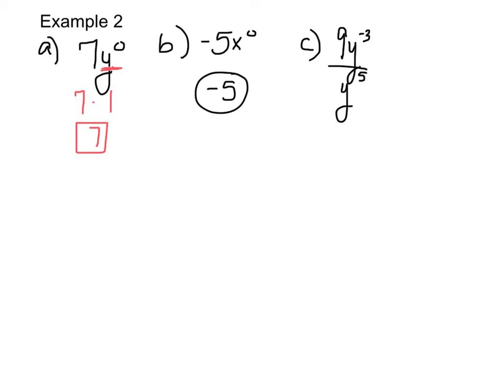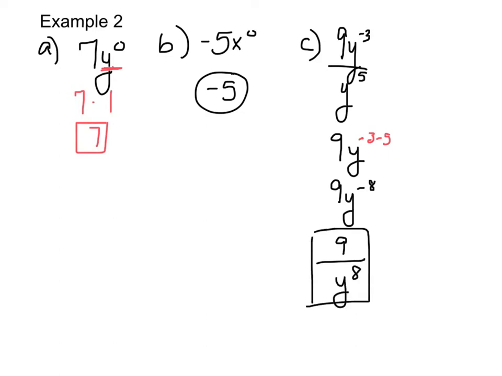Way number 1 is this. You would take 9, y, same base, we're dividing with the same base, so what do you do at the powers? You subtract them, so negative 3 minus 5. That would then give you 9y to the negative 8th power. The 9 stays on top, the y to the negative 8th goes on bottom and becomes y to the 8th.